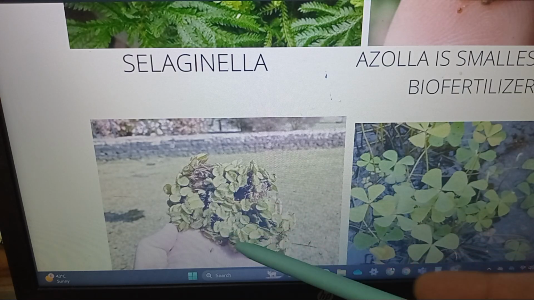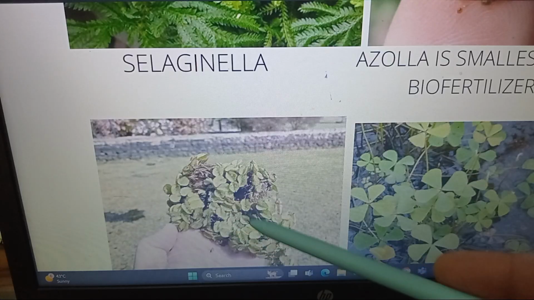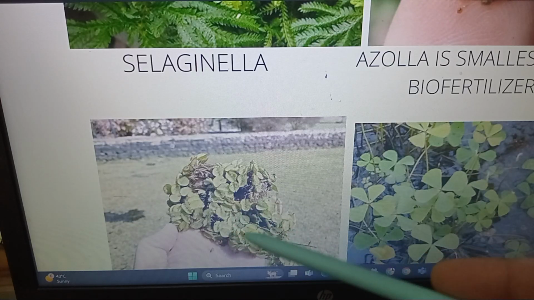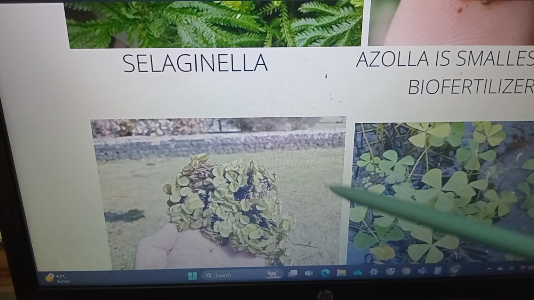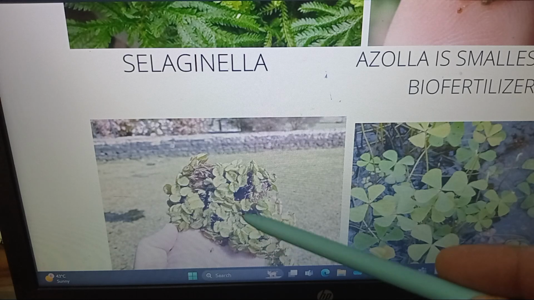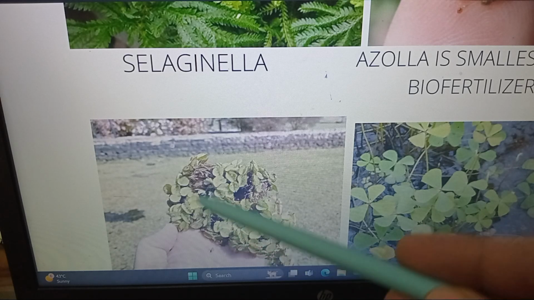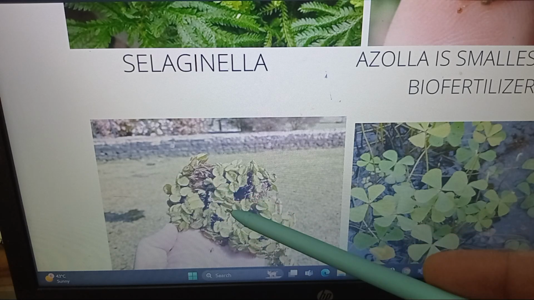The megagametophyte will be retained on this sporophyte for some period of time. After fertilization, that will produce a new sporophyte.